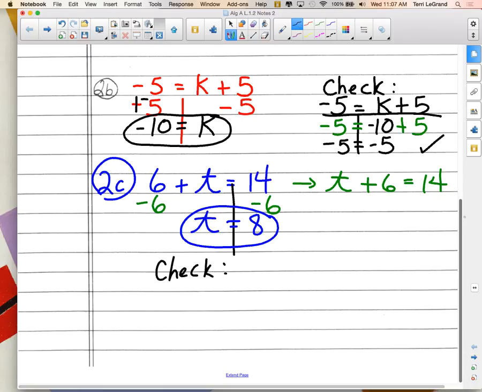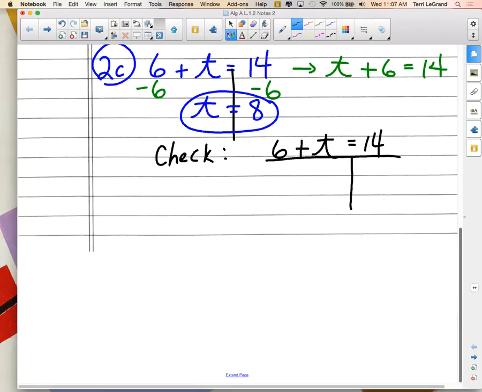So when we do a check problem, we write down the original equation. What's that next step called? Substitution step. Because what we're doing is we're saying, it's kind of like we just ignore this other side of the equation. We have the algebraic expression 6 plus t. We're evaluating it.